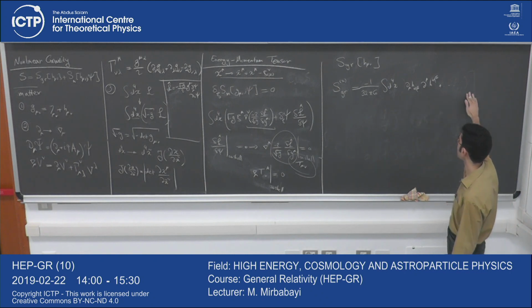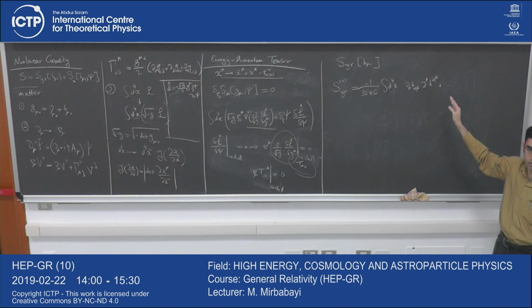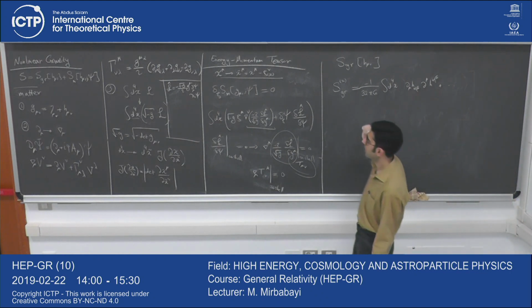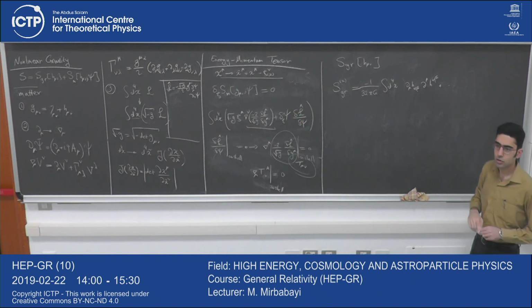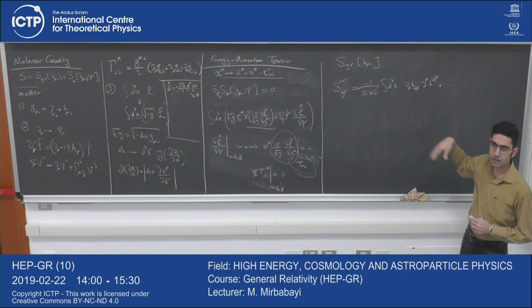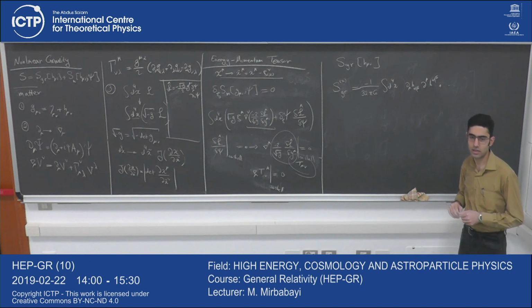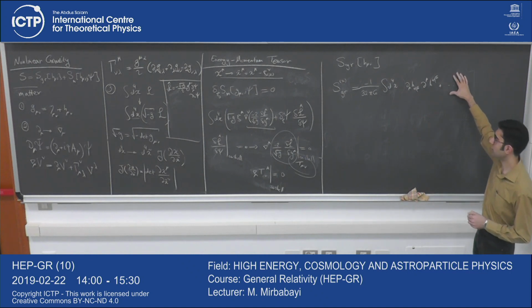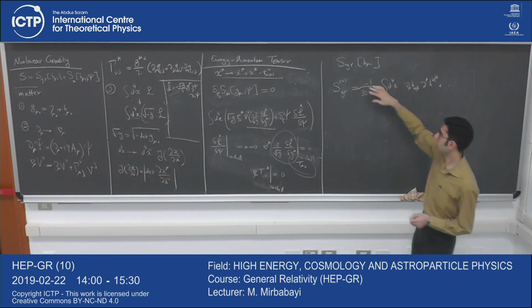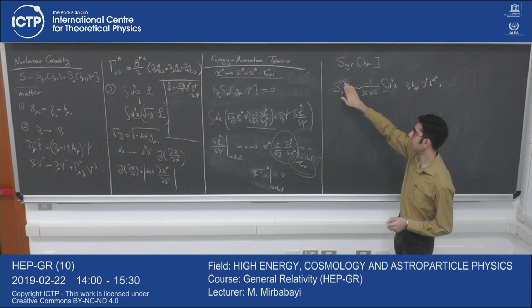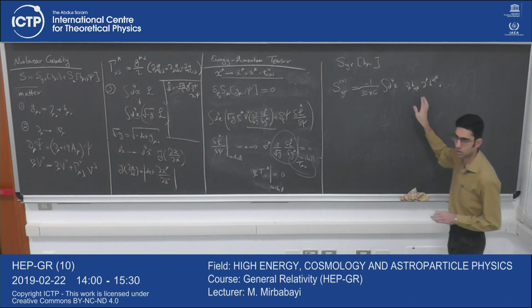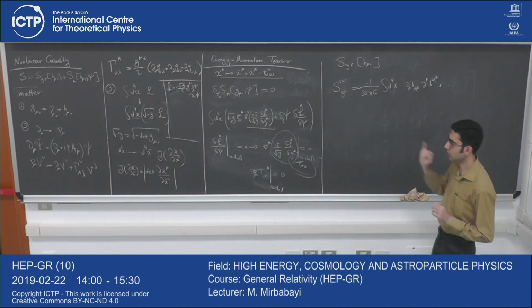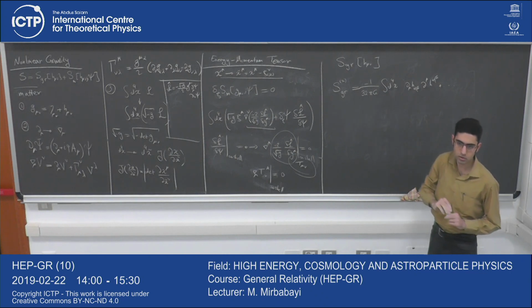And this expression was of course fixed completely by the requirement of invariance under linearized diffeomorphisms. Now what we want to do is to construct some nonlinear expression which is invariant under the full coordinate transformations, and such that when we expand it at second order, it reduces to this expression. So these are the two requirements: general covariance and matching with this quadratic action.